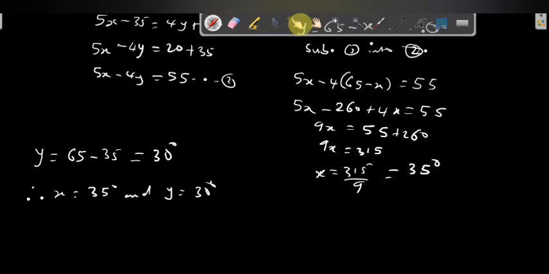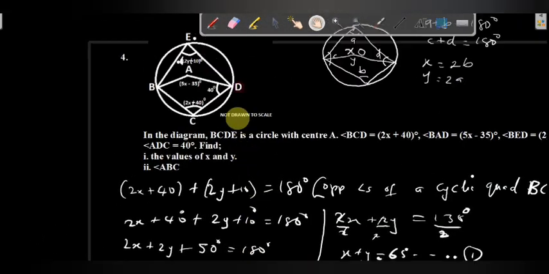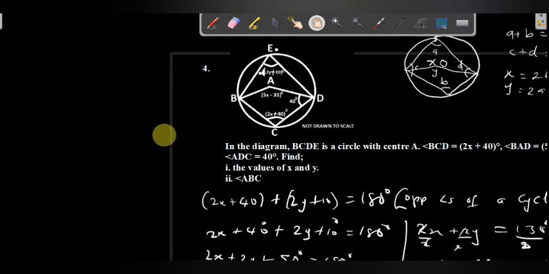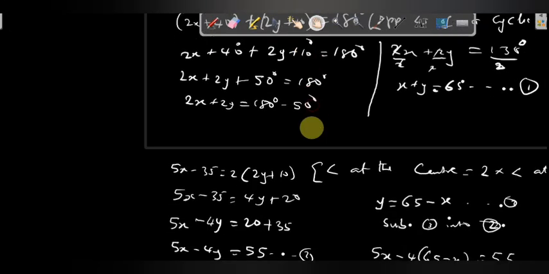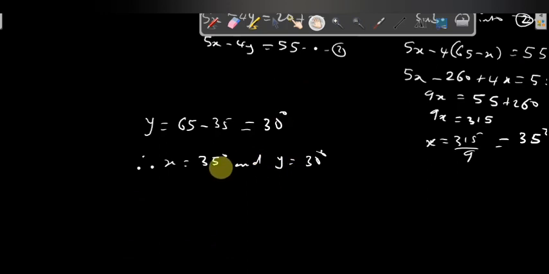Now let's go back to the other part of the question. We're asked to find the value of angle ABC. This angle here, we have to look for this very angle here. So we can get the values of this angle, this, and we know that this is 40. So first of all, 5x minus 35 will be equal to 5 times 35 minus 35, because the value we obtained for x was 35 degrees.